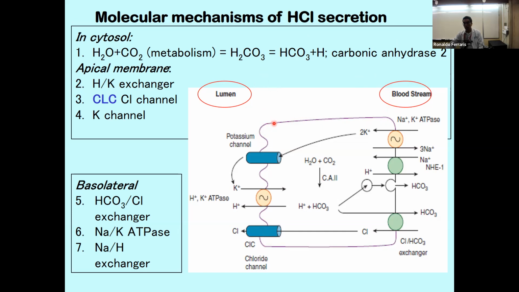So the plasma membrane of the parietal cell, or any GI cell for that matter, that faces the food side is your apical side. And anything that faces the blood side or the extracellular fluid is your basolateral membrane. These are depicted here in the basal membrane, but this can also exist in the lateral membrane. So that's why it's basolateral.